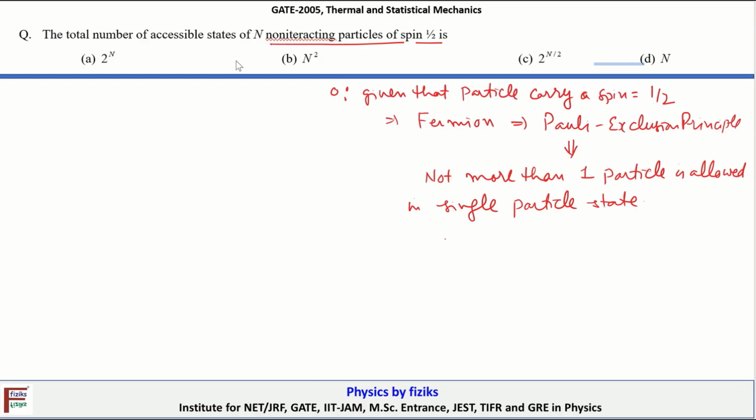Therefore here the number of states will be equal to the number of particles. There is no hint available that the particle can have a spin of minus half. So based upon the information shared in the question, we will have the number of particles exactly equal to the number of states, because we can only put one single particle in one particular energy state. So that will give rise to n number of states. Therefore here option D is the correct one.